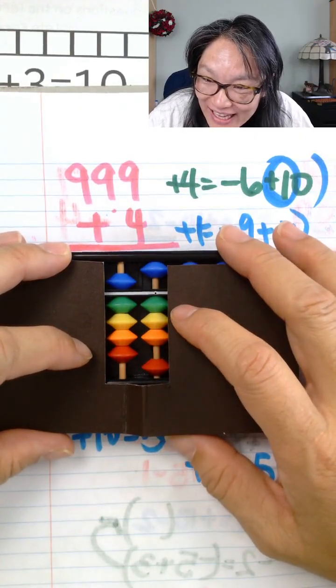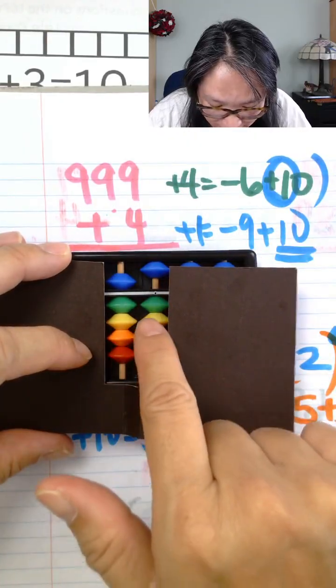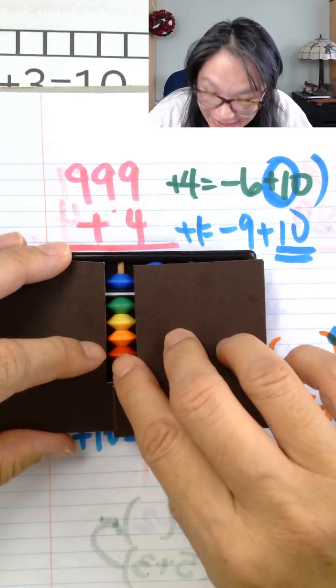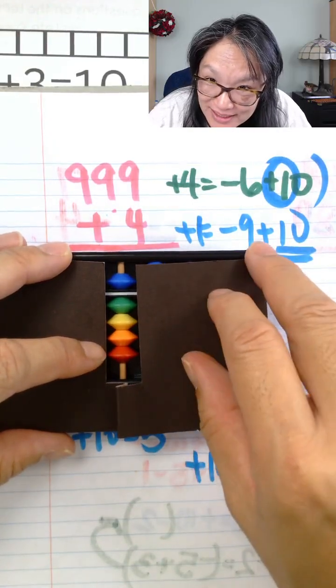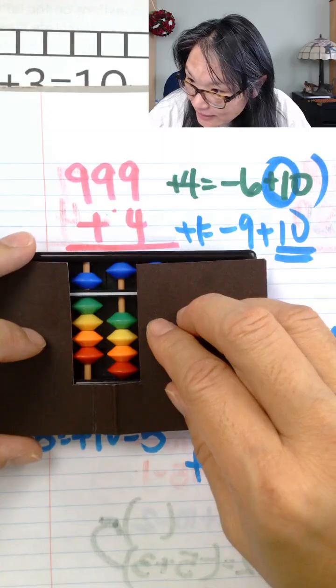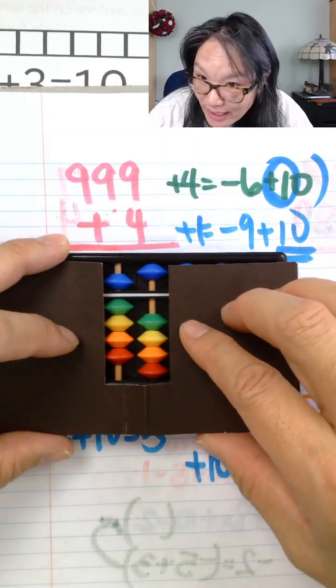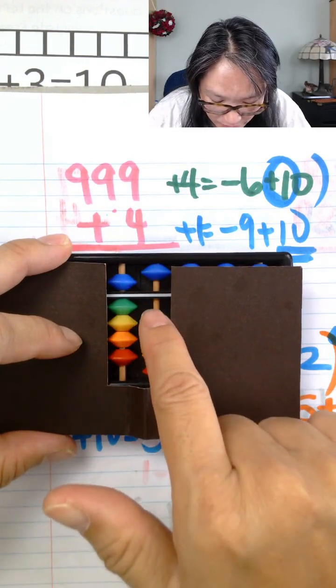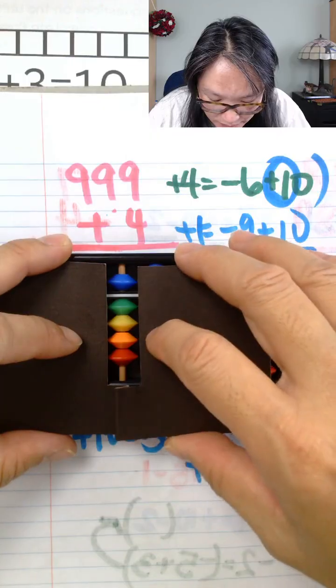When we add the 10, guess what? This is 1. This is 0. We add the 1. We can't do it. We have to minus the 9 plus the 10. We got to do it again. Can we do it again? Yeah. Plus the 1, minus 0.